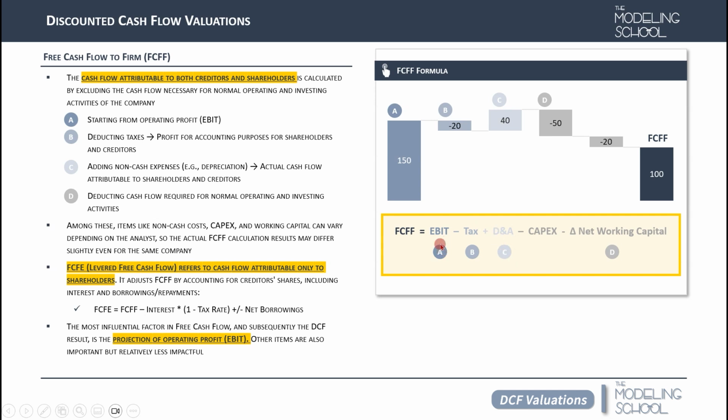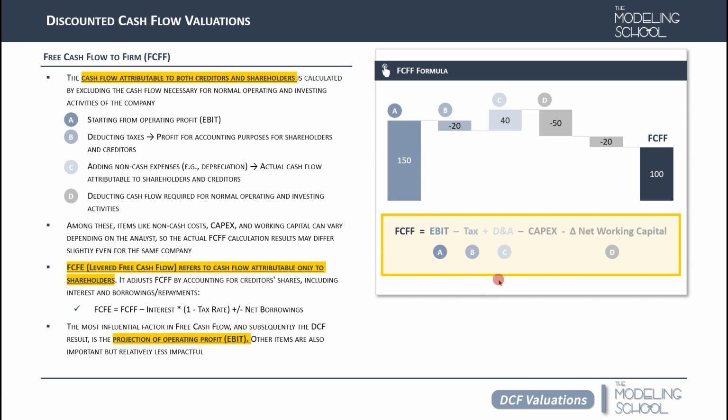So in this case as well, some people not only include depreciation and amortization, but other non-cash expenses can be considered as well. So yes, the final results of the free cash flow calculation can be slightly different depending on the person or the institution that's calculating it.